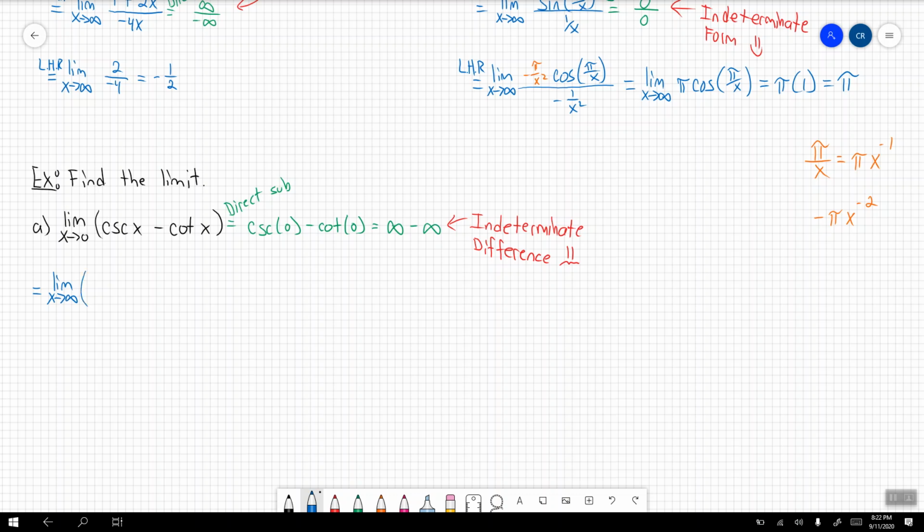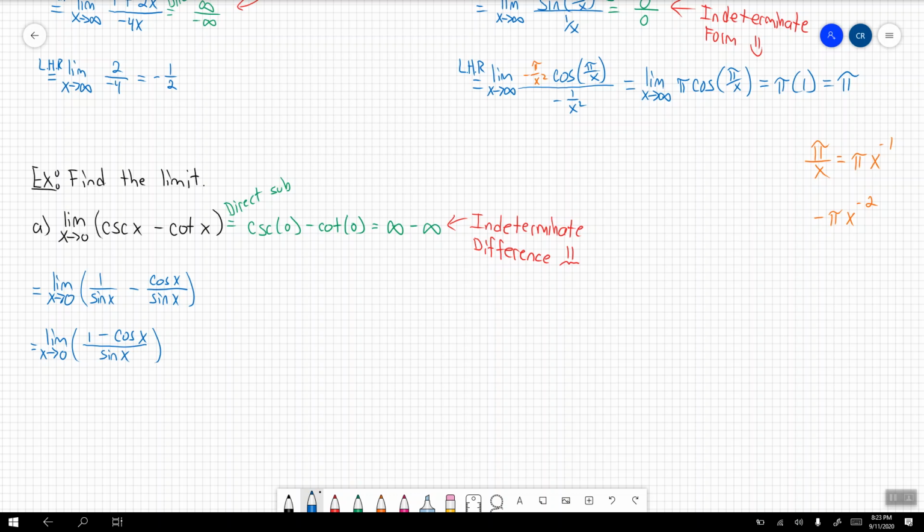Again, cosecant of x is 1 over sine of x. Cotangent is cosine of x divided by sine of x. Look at the denominators. They're both the same. Therefore, we get the limit as x approaches infinity. Wow, I am really having an off day. My apologies. As x approaches 0, the numerator now becomes 1 minus cosine of x. The denominator is just the sine of x.